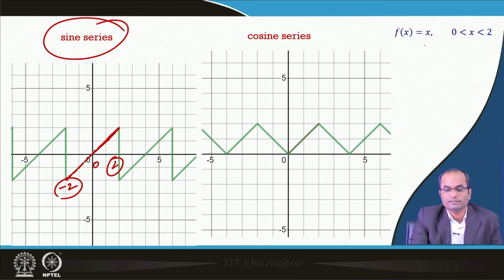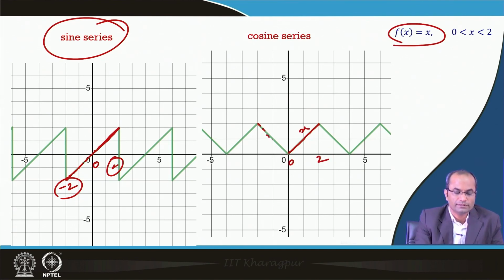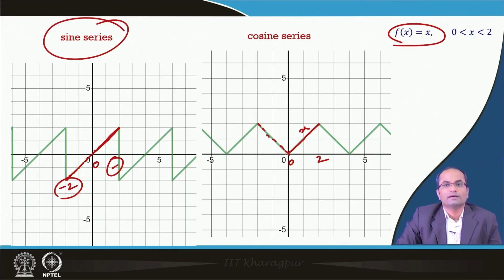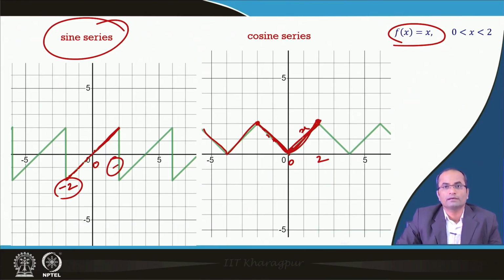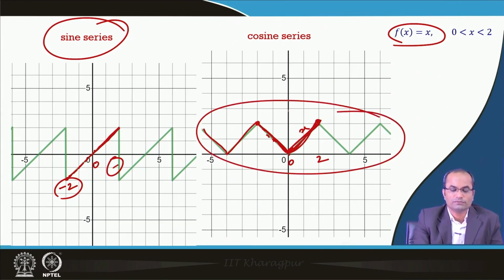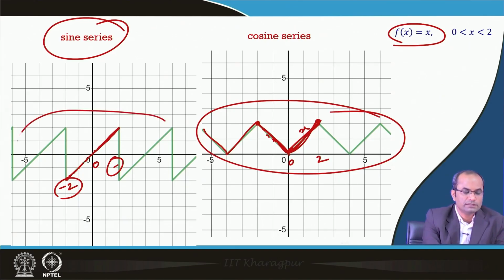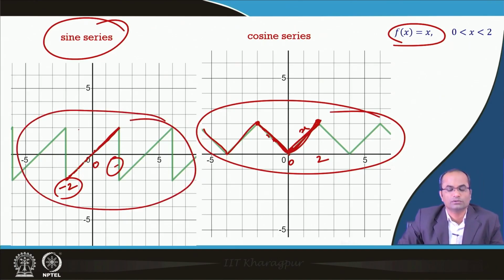For the cosine series for this f x function, we have x given in the interval 0 to 2, and now we have the even extension, and then the Fourier series will converge to exactly this one here. This will be the period which will be repeated to have this periodic function. So, the Fourier series is converging to this function in the case of cosine series, and in the case of sine series it is converging to this function.